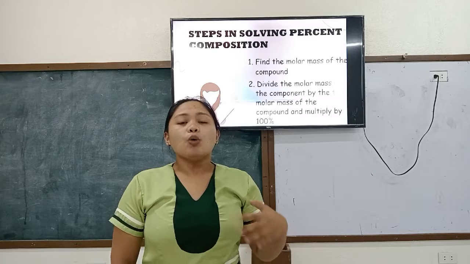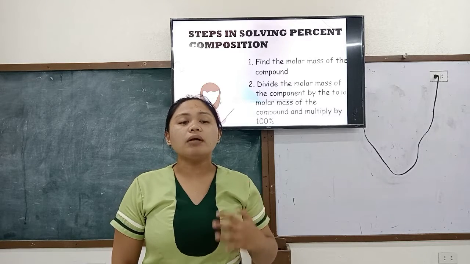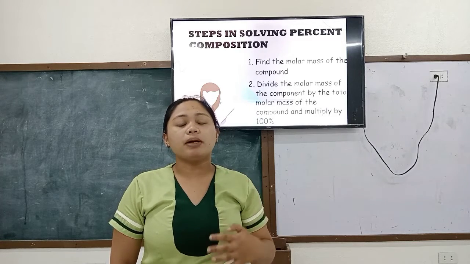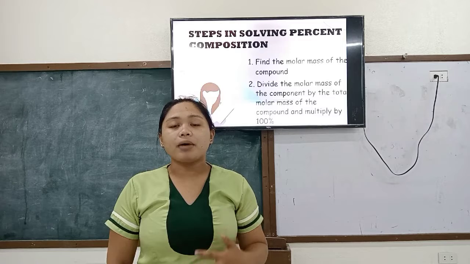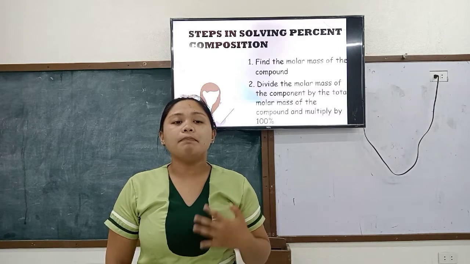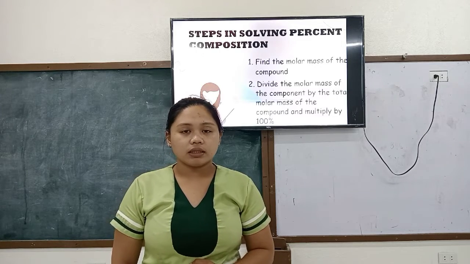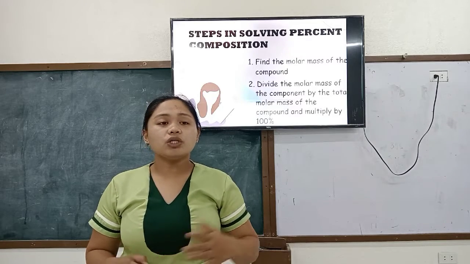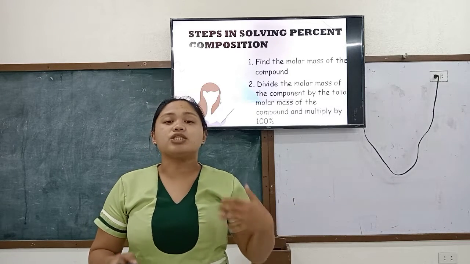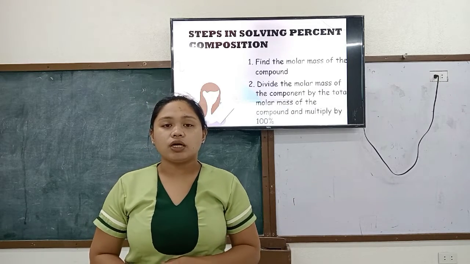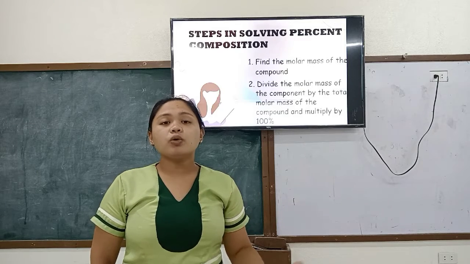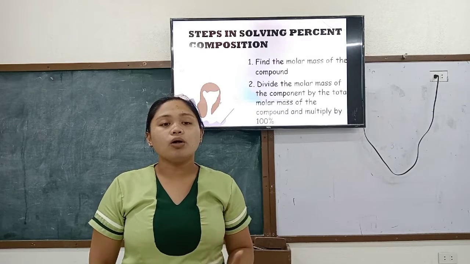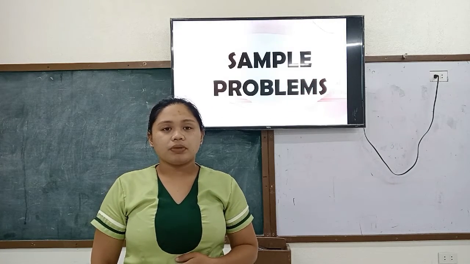Second step, we have to divide the molar mass of the component by the total mass of the compound and multiply by 100%. Do you understand, class? Any questions with regards to the steps? If there are no more questions, let us try the sample problems.